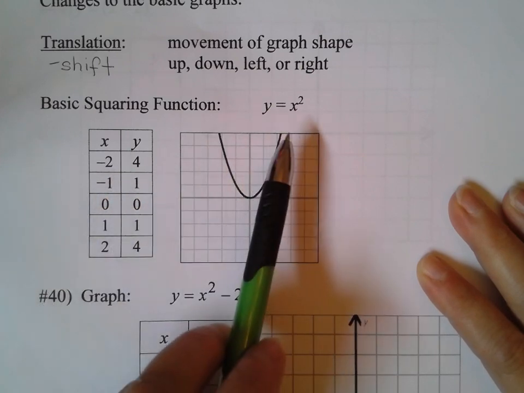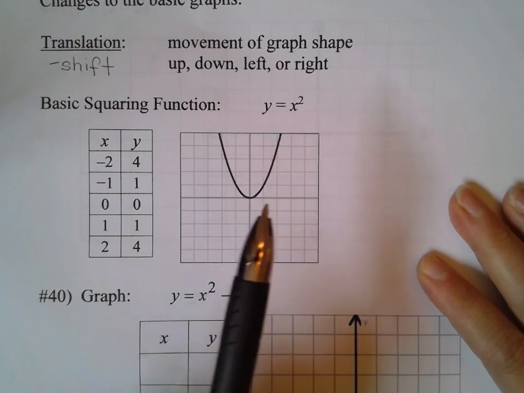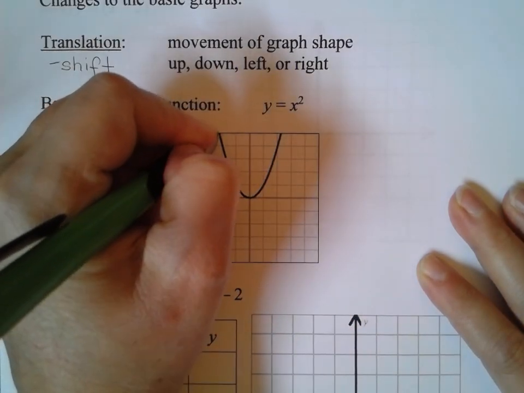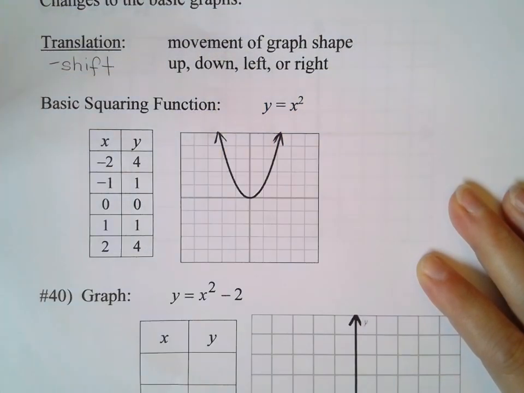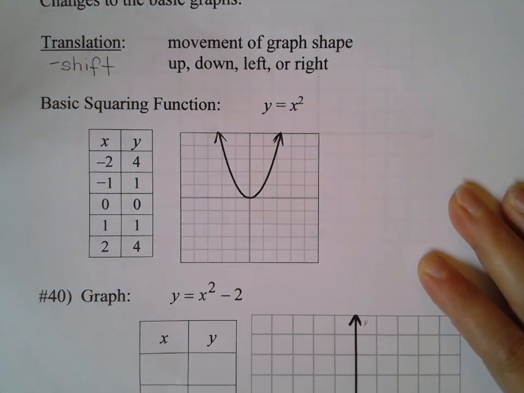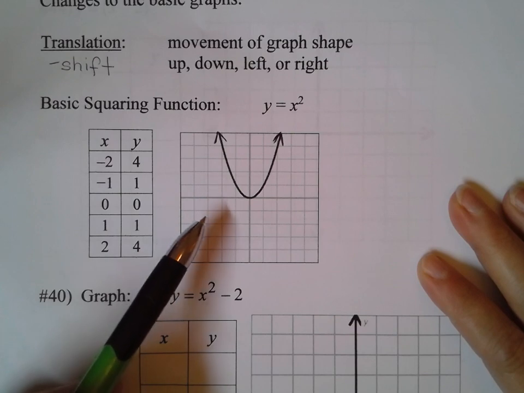Plug them in for x and square them to get the y values. And we should get this parabola shape. This is the basic graph. There are no changes made to this graph. When we talk about comparing, we are comparing with this basic graph.